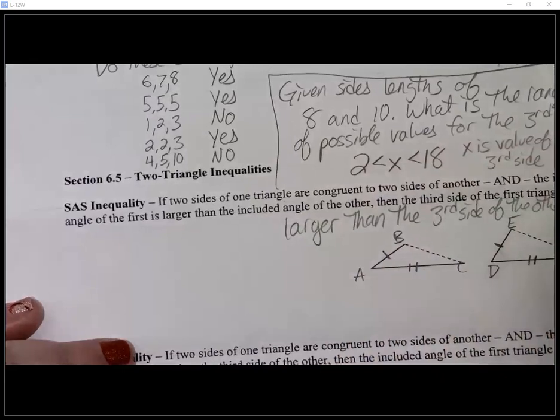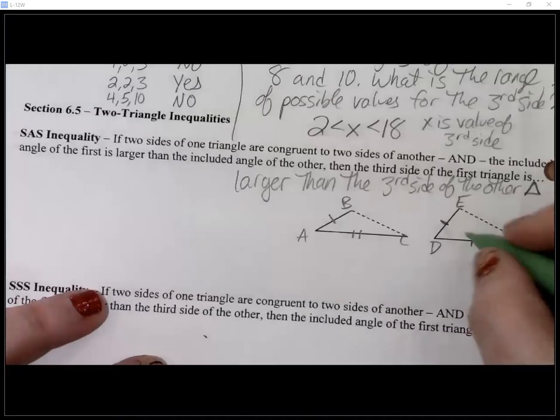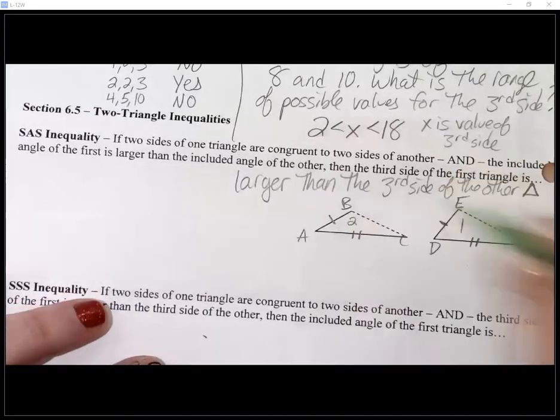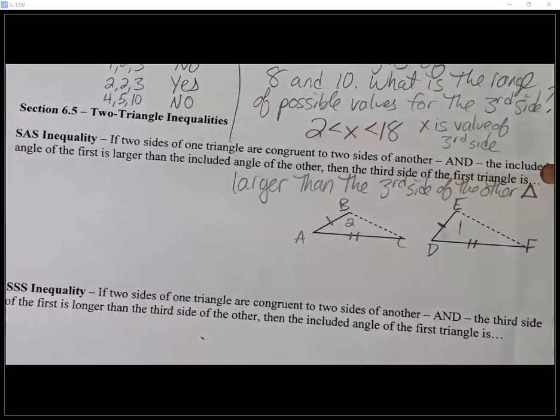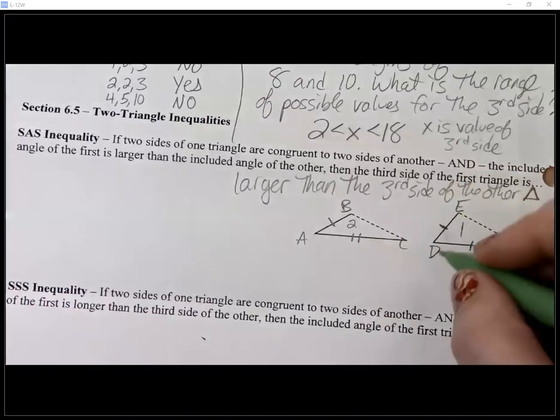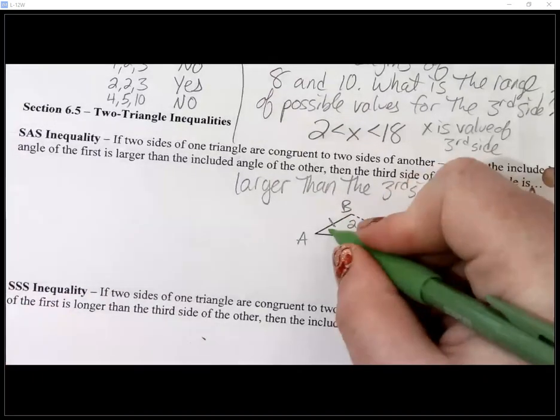Again, these are drawn a little bit backwards. So this is actually the first triangle that we're talking about. So this is triangle 1, this is triangle 2. So I'll put in values. So let's say I knew that angle D was, I don't know, 80 degrees. And I knew that angle A was only 60 degrees.